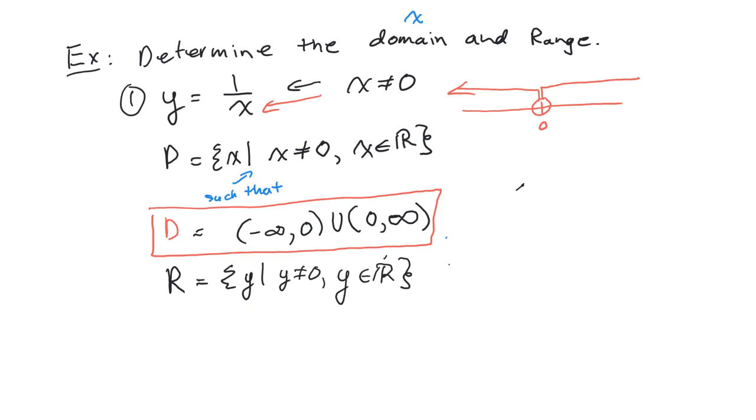Now, the reason why is, if you think about it, if x becomes really, really negative, 1 over a negative number is still negative, isn't it? And if x becomes very, very positive, that means 1 over a positive number is still positive.